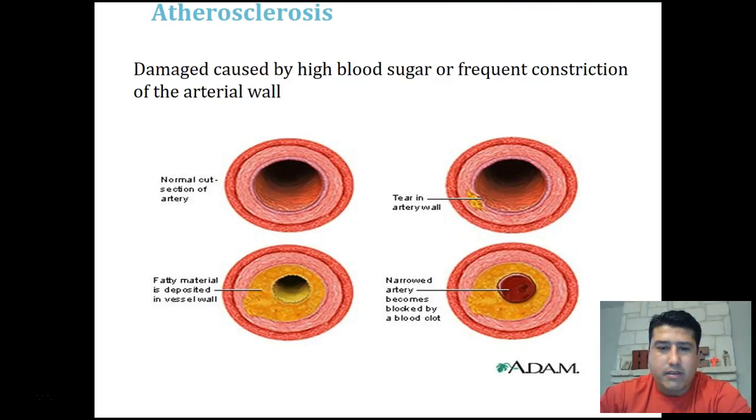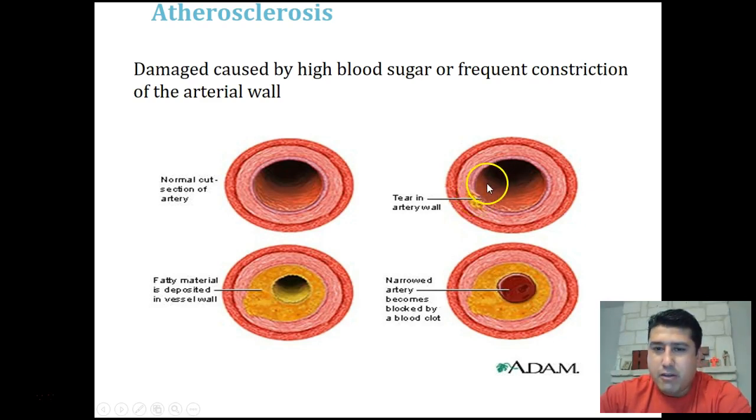Okay, so whenever these fatty deposits, I'm going to call them fatty deposits, or fat droplets, it could be cholesterol, it could be low density lipoproteins, it could be triglycerides. But for the sake of this class, let's just call it fat droplets. Imagine those fat droplets are sticky, so whenever they're passing through the artery and come across this tear, they can stick to it.